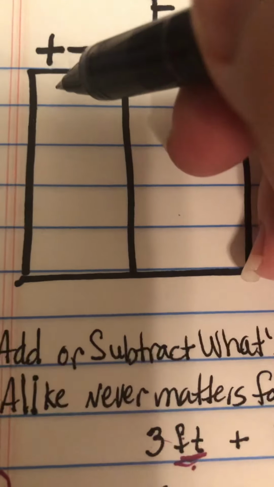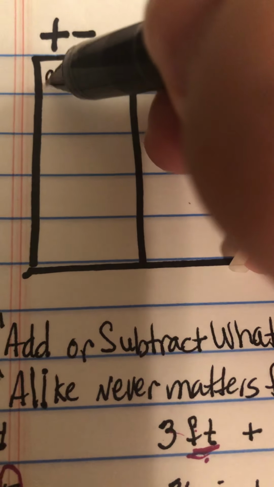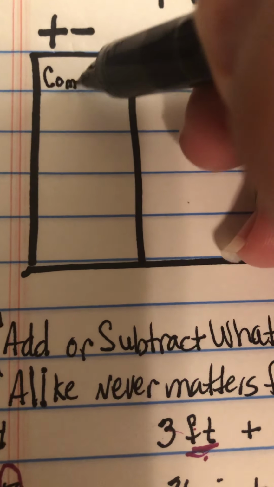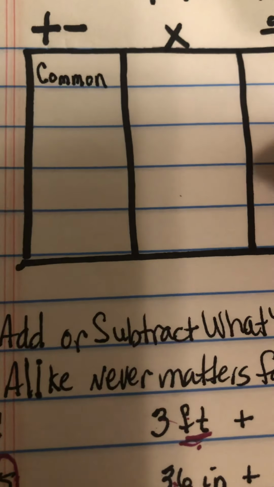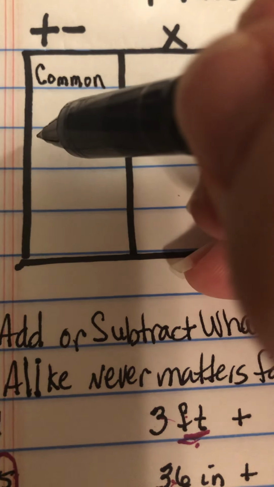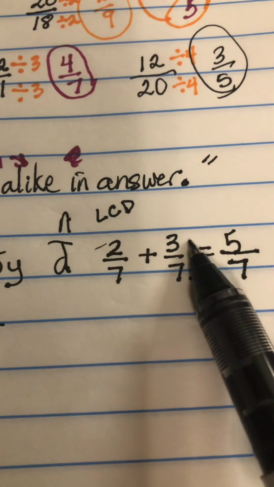So in our study box up here, what we want to put in here is that you can either put LCD for least common denominator, or you can just put the word common or the word alike to represent. That has to come first. And then, as you saw in this instance here, we only added the top digits. We did not add the bottom digits.